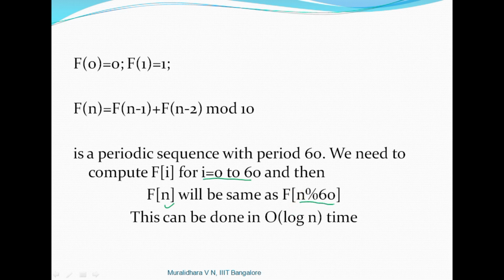Since n is a very large number, say a 1000-digit number, you can do mod 60 in time proportional to the number of digits, which is log of n. So the entire sequence can be found in order log n time. If n is a 64-bit number, then log of n is 64, which is again a kind of constant algorithm.